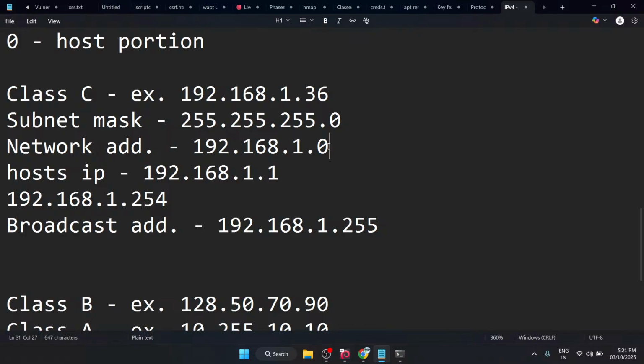This is the first IP address of the network, also called the network address, and this is the last IP address of the network, also known as the broadcast address. It is used for broadcasting on the entire network. And your host IPs can be 1 to 254, so overall, 254 hosts can sit upon this particular network.